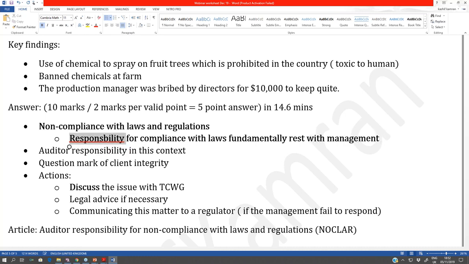So the very first thing you should state is that the responsibility for compliance with laws and regulations fundamentally rests with the management of this company.